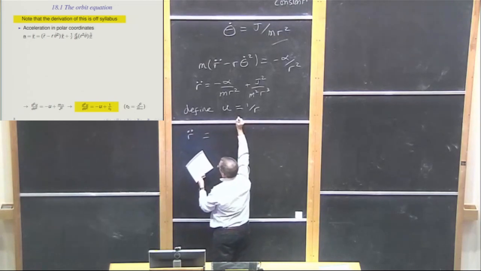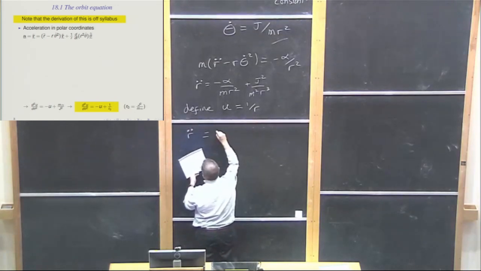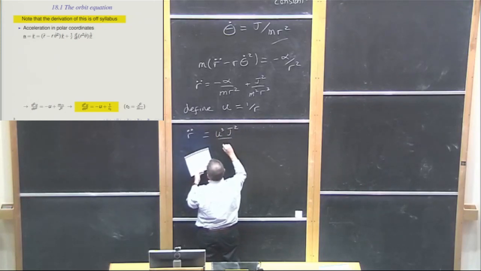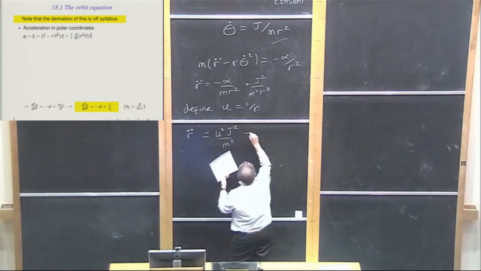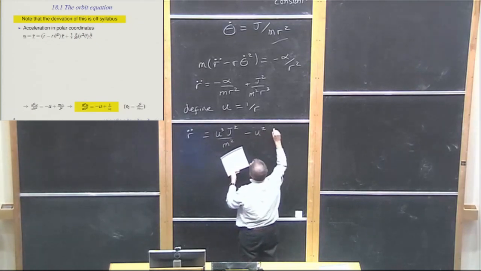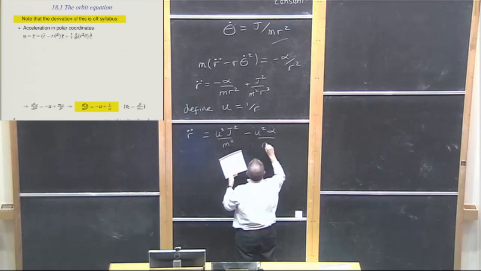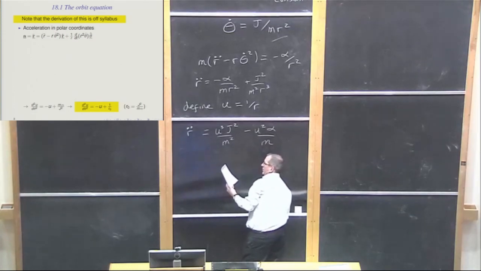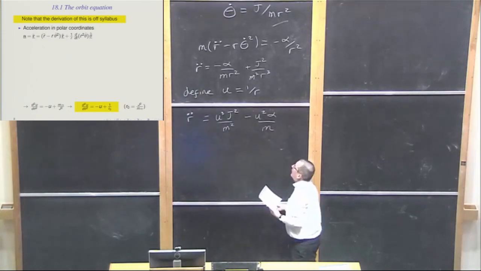We get, put that term first actually, u cubed j squared over m squared minus u squared alpha over m.